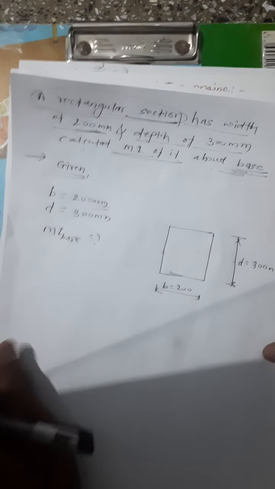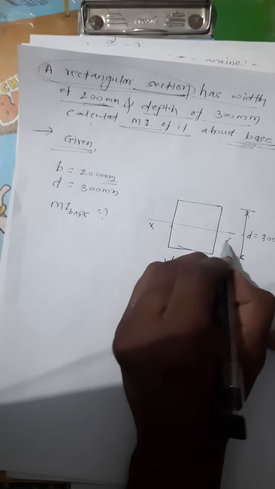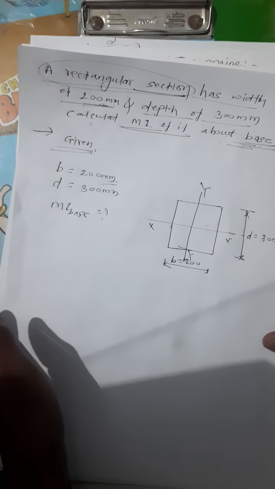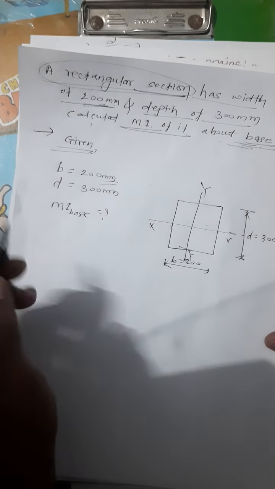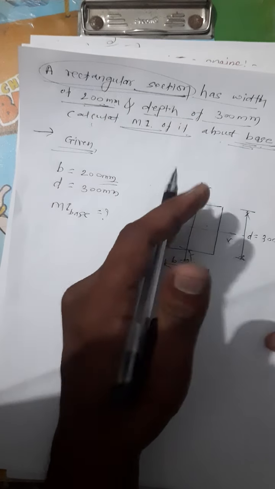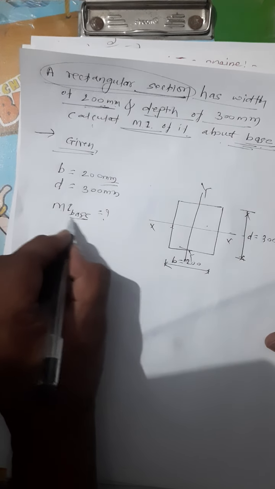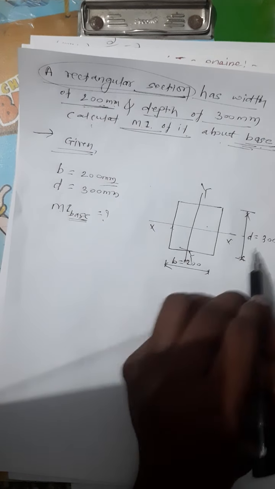My dear students, you know very well, every area has axes xx and yy. But here we want to calculate MI about the base. So which is the base out of these two dimensions?